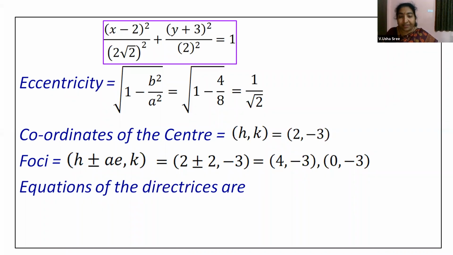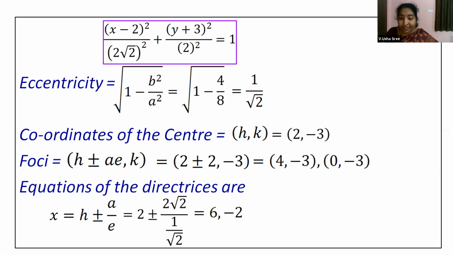The equations of the directrices will be given by x is equal to h plus or minus a by e. When we substitute the h and a by e values, we'll get 2 plus or minus 2 root 2 by 1 by root 2, which on simplification you will get as 6, minus 2.